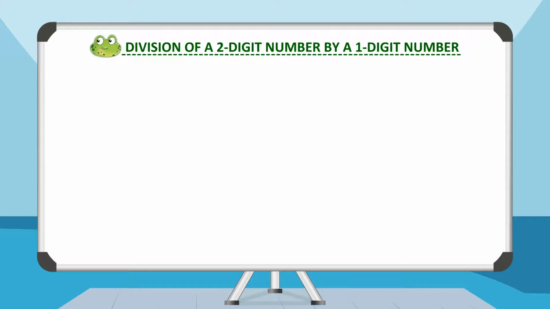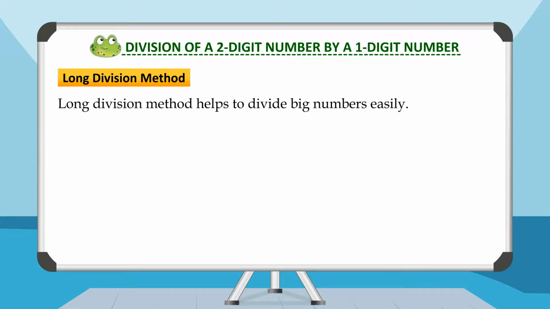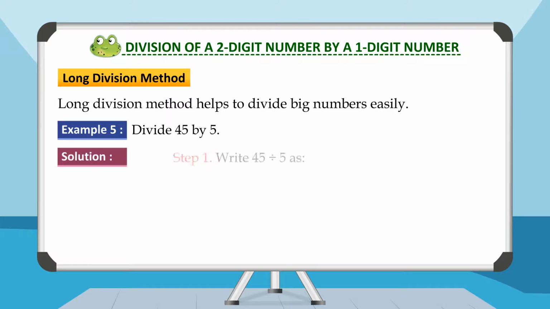Division of a two-digit number by a one-digit number. Long division method. Long division method helps to divide big numbers easily. Example 5. Divide 45 by 5. Solution. Step 1. Write 45 divided by 5 as.